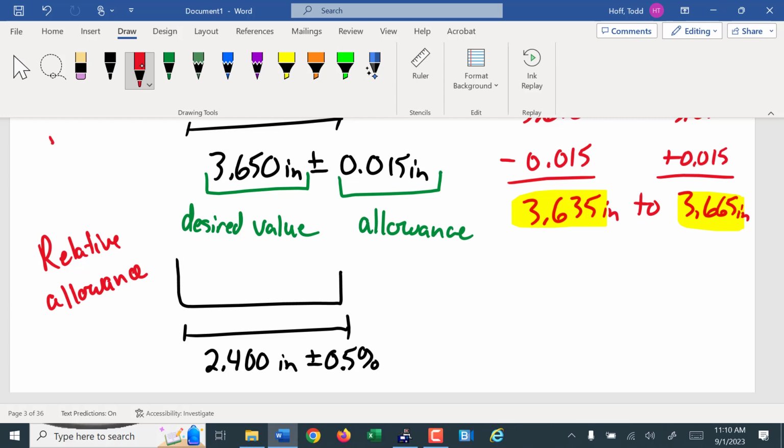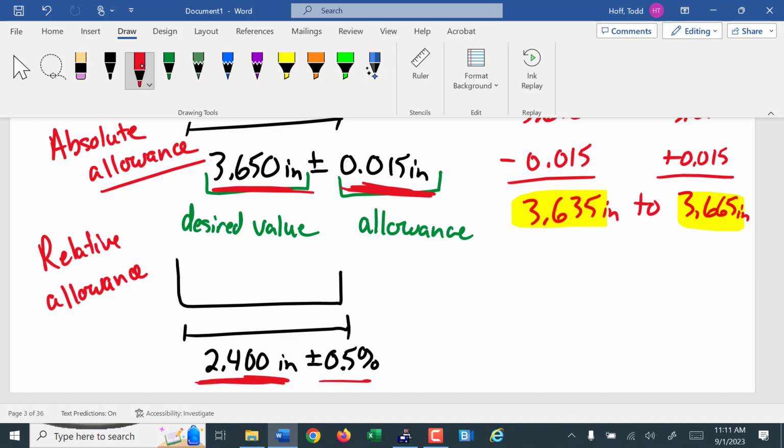Well, this one up here was an absolute allowance. Sometimes called absolute tolerance and relative tolerance. The reason is this allowance here is absolute. It's 15 thousandths no matter what the size of this measurement is. Here it's relative. It's 0.5% of whatever. The bigger this measurement is, the bigger the allowance is going to be because of that percent.